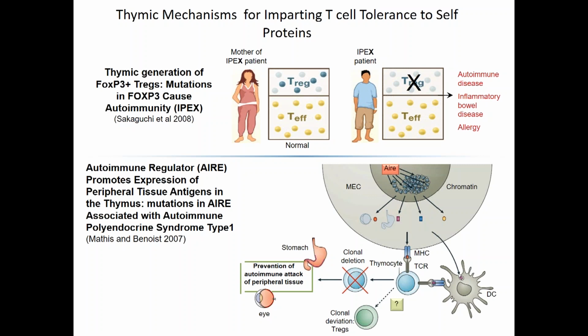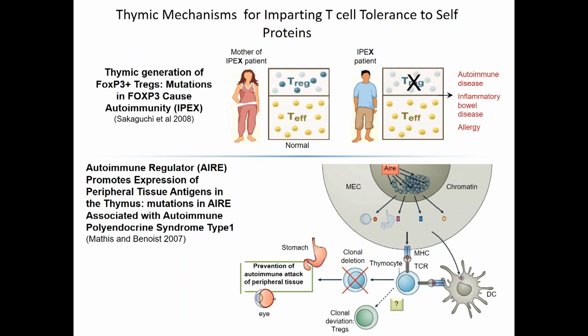It's X-linked, so the mother gives her son a bad copy of the X chromosome, a mutation in FOXP3, and he develops autoimmunity, inflammatory bowel disease, and allergy.